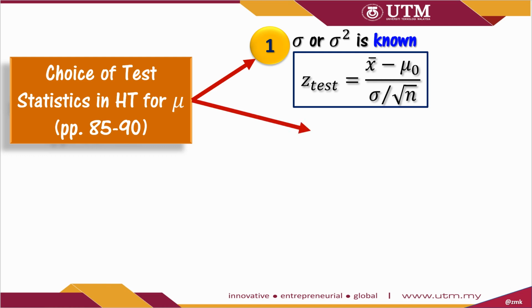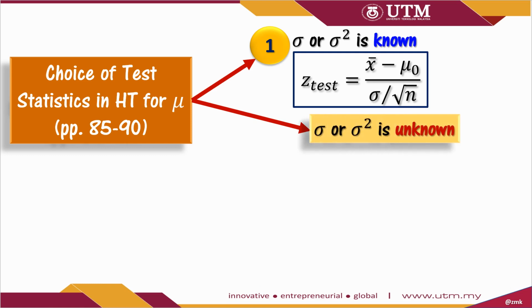For the second and third cases, the population standard deviation sigma or the population variance sigma squared is unknown. In such a scenario, you need to look further at the sample size, whether the sample size is large, that is, n is at least 30, or small, that is, n is less than 30.